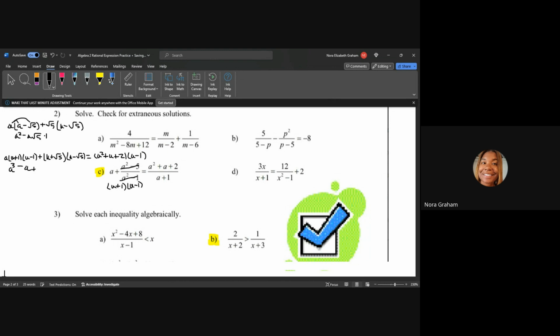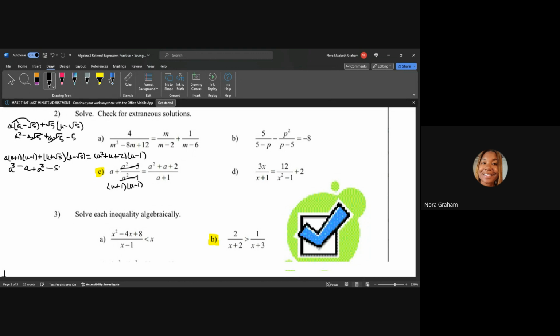And then plus a square root of 5. Square root of 5 times negative square root of 5 is going to give me minus 5. These cancel out. So I get plus a squared minus 5.